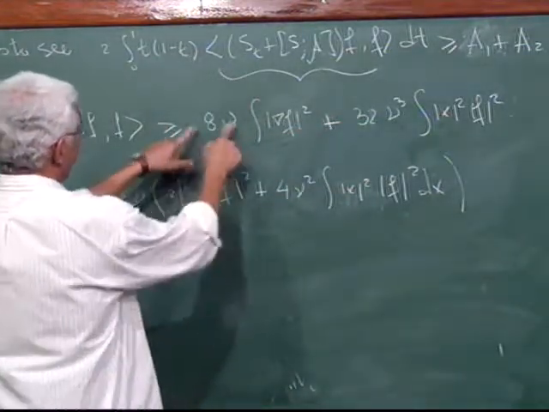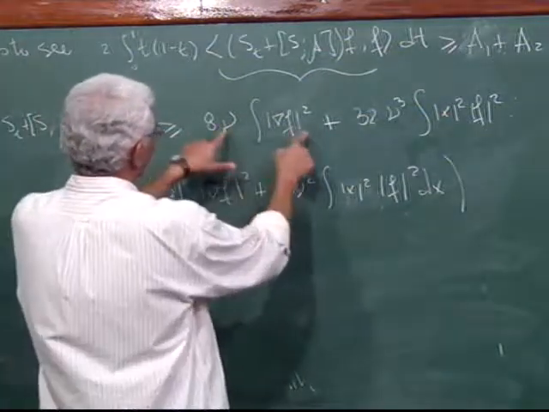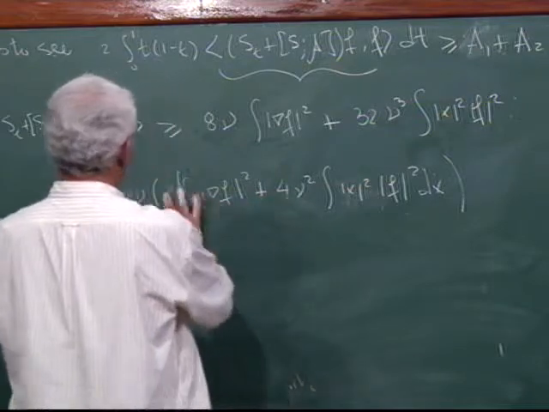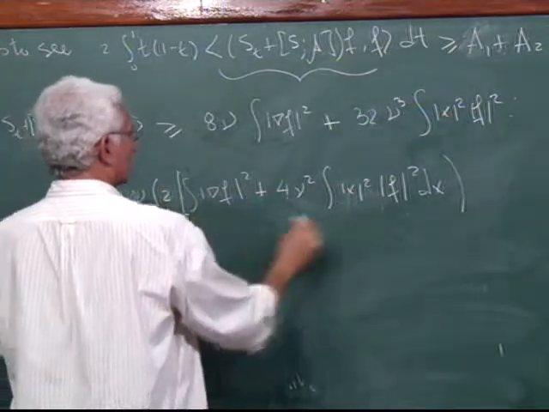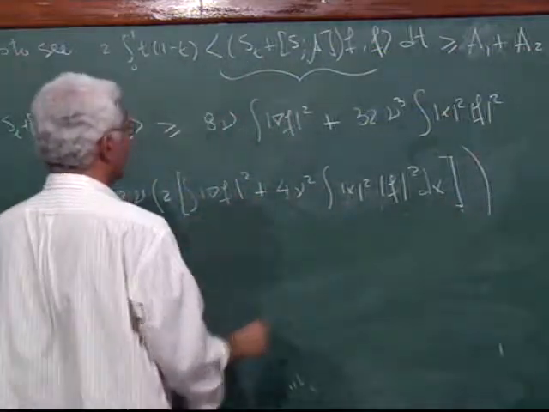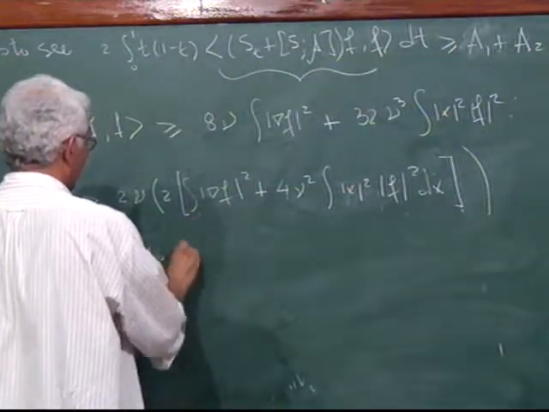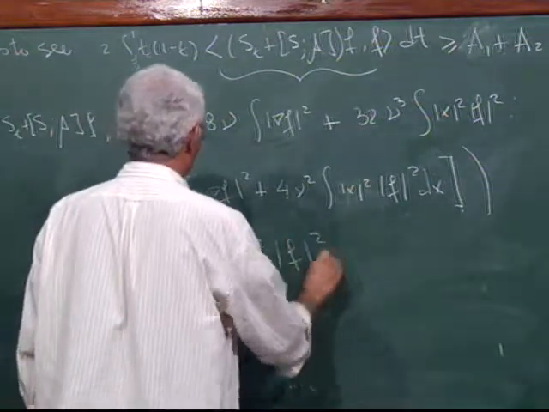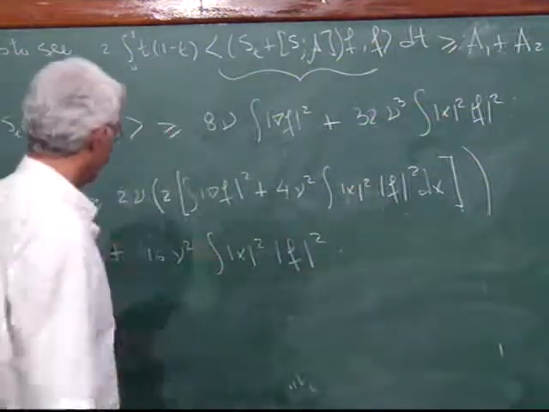Then I put 4 of this I took. I took 4, 8, and 2. Then 4, 16. Then I still have a piece, 16 of this. Okay? I forgot a piece of it.